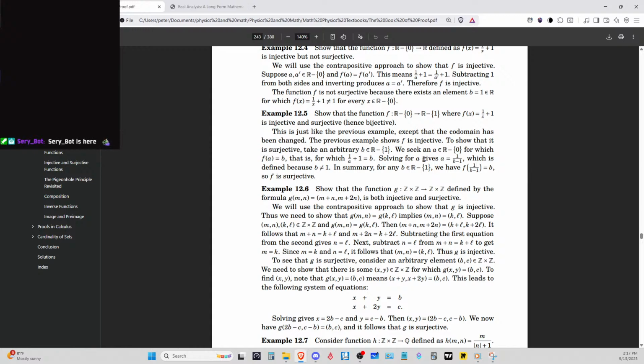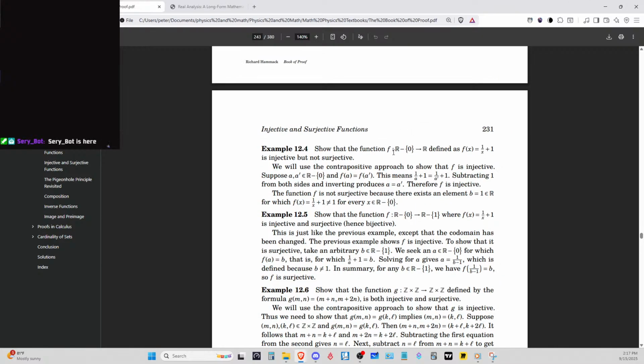So then we're left with this, and B is not equal to 1. In summary, we have surjective. The previous example shows that f of a is injective, so that's why they didn't write anything else here.